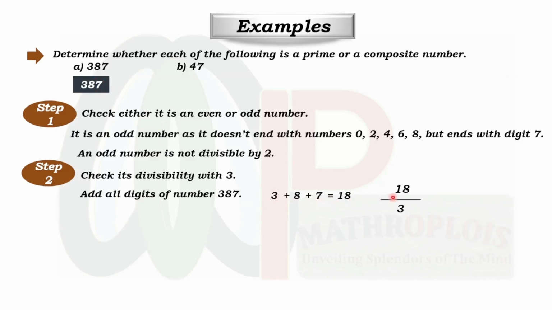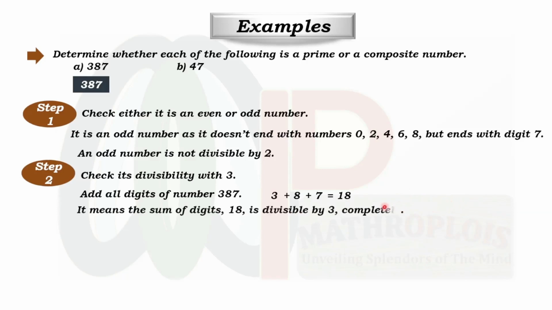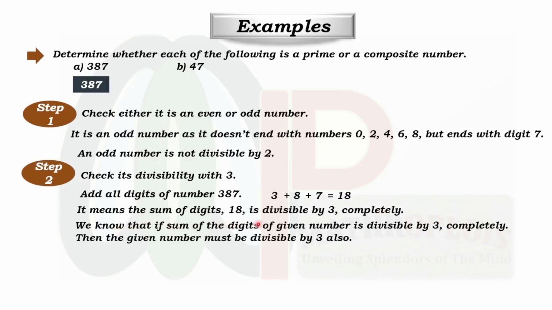We can easily confirm that the sum of digits 18 divided by 3 is equal to 6. It means the sum of digits 18 is divisible by 3 completely. We know that if the sum of digits of the given number is divisible by 3 completely, then the given number must also be divisible by 3.